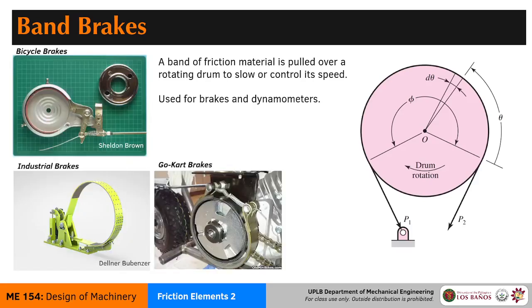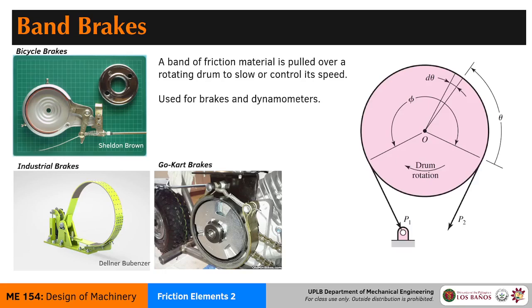Some examples that you might not think of exist. There used to be band brake bicycle brakes. I'm not sure if this is still common for the Dutch bike, but for most of the bicycles that I see, usually they're disc or caliper brakes at this point.